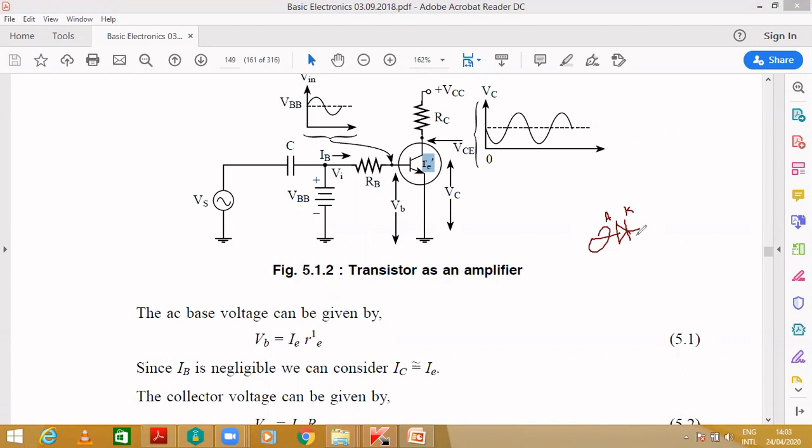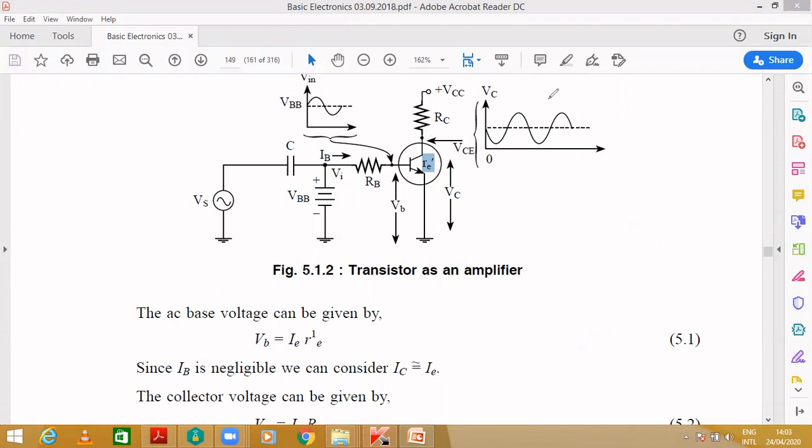The resistance offered by these terminals is an internal resistance, which can be represented as a small resistance. Similarly, in the transistor also, the resistance offered by the contact is nothing but re'. That is, re' means the emitter contact resistance. Hence it is written as re'. That's why I have written it here.